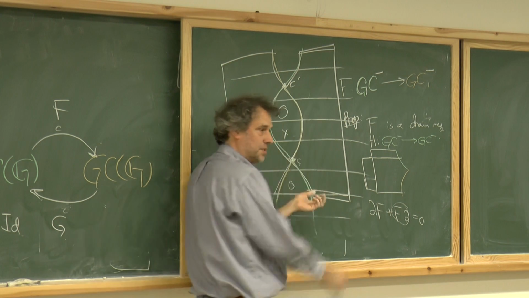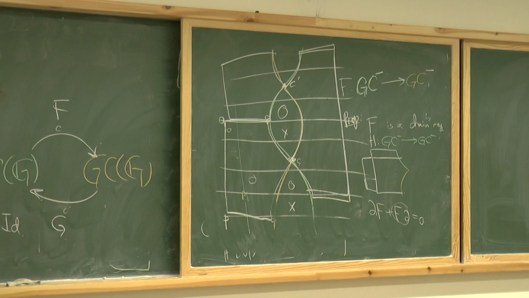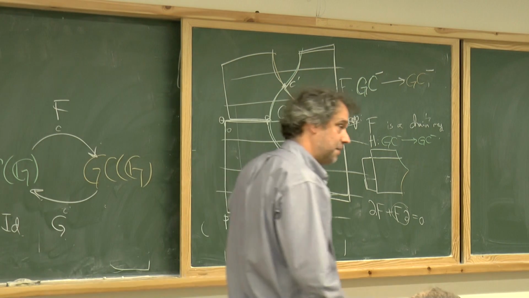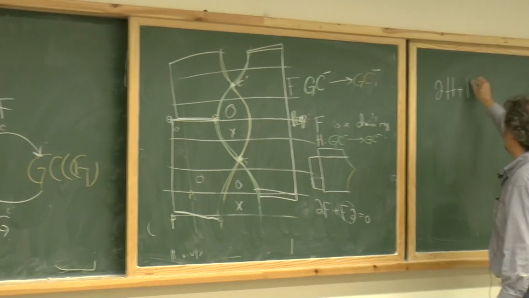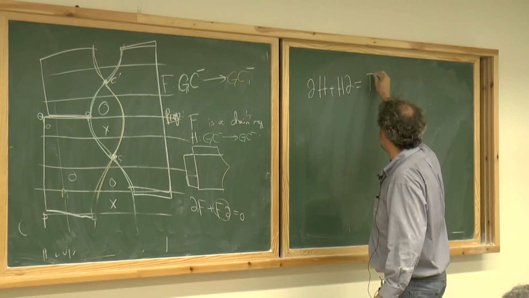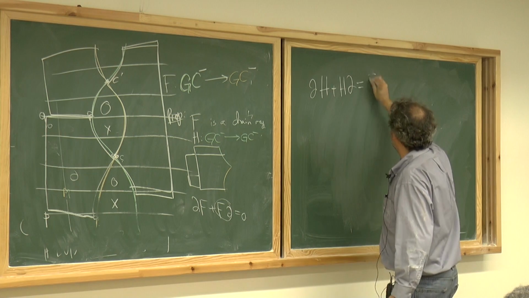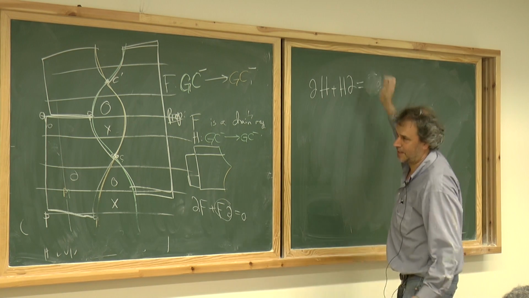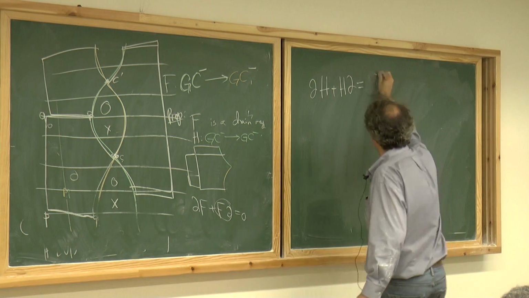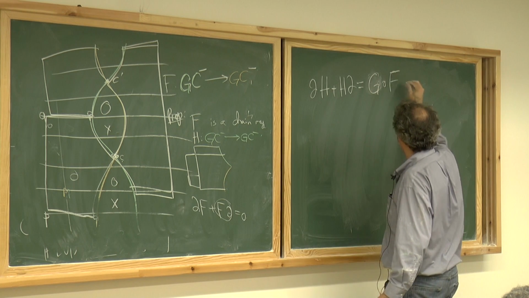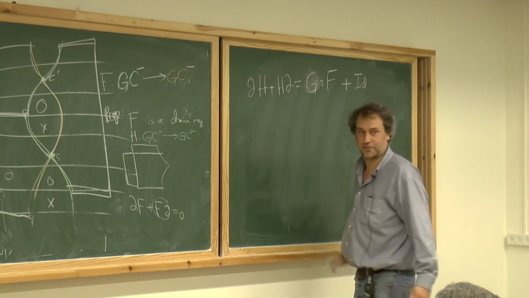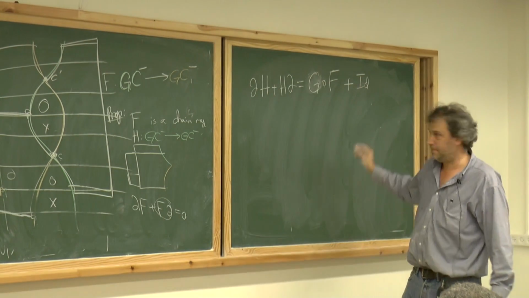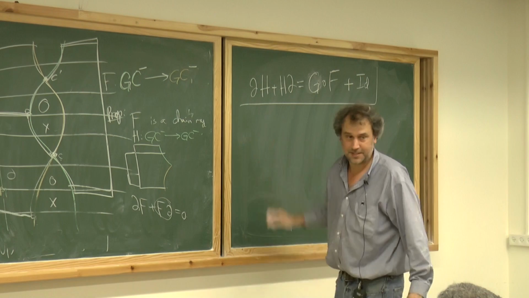And if I've got O's in them, then I pick up U powers. So that's going to be the operator, and we have to check that boundary H plus H boundary is equal to G composed with F, plus or minus the identity map. Working mod 2, who cares?